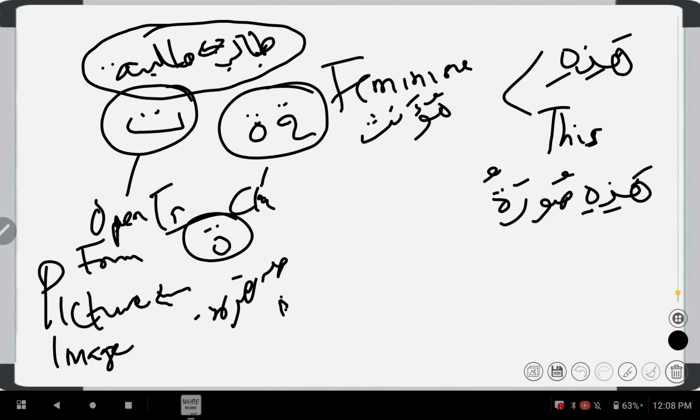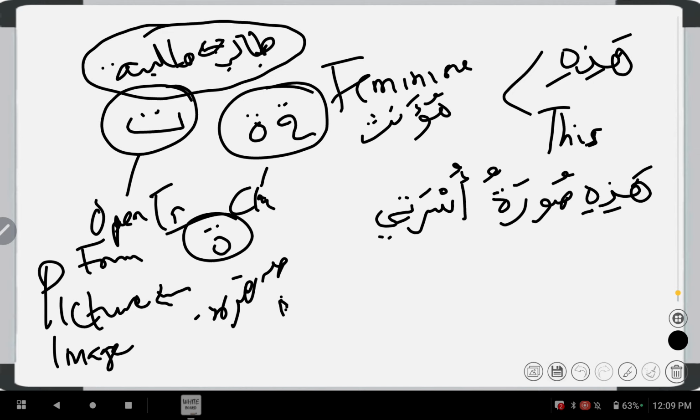If the word is feminine, ending with ta marbuta or feminine in reality, we have to use things that are used for feminine, like hadihi, here, and so on. So suratu is a feminine noun because it ends with ta marbuta. So هذه suratu usrati.